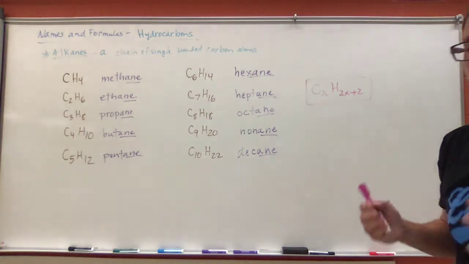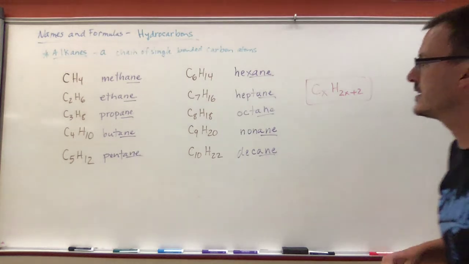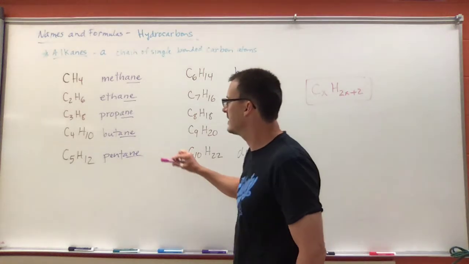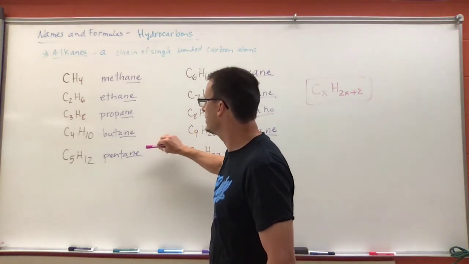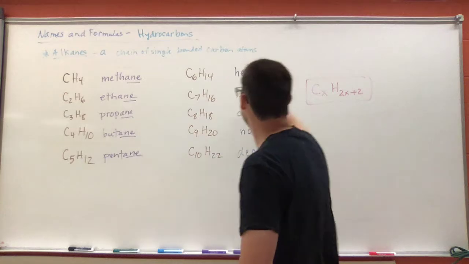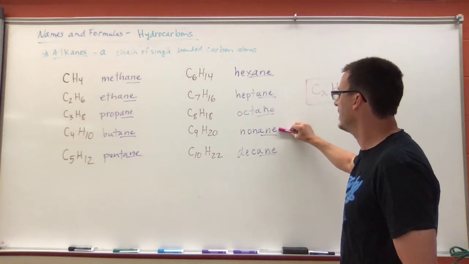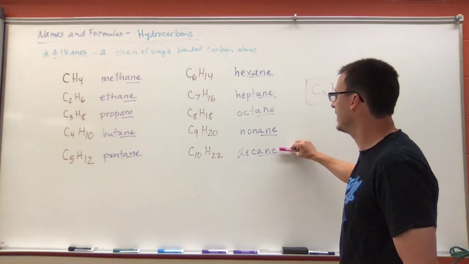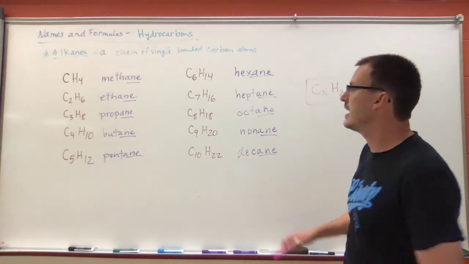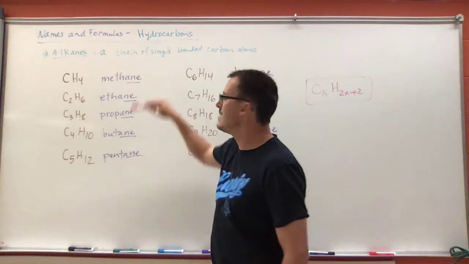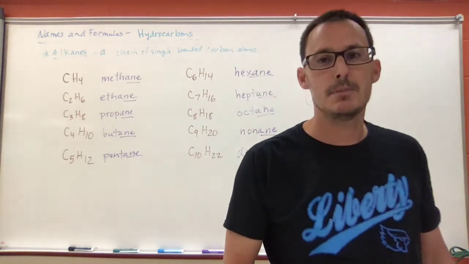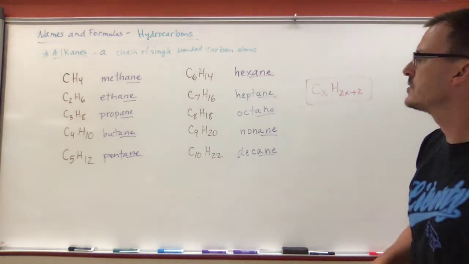Okay. Now, how are you going to memorize this? That's a good question. A lot of these, I think you know the prefixes. For instance, penta for 5, hexa 6, hepta is 7, octa for 8, nona 9, and deca for 10. I think the first 4 are the hardest: methane, ethane, propane, butane. So do the best you can.